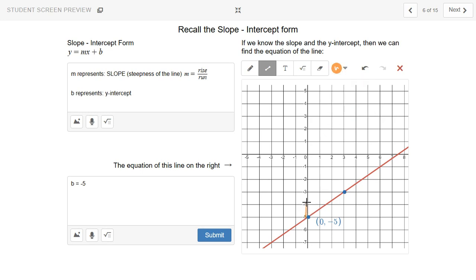So counting my first one, I've gone up by 2 units, and then I'm going to the right by 3 units.